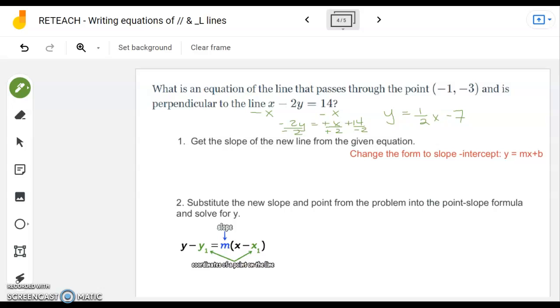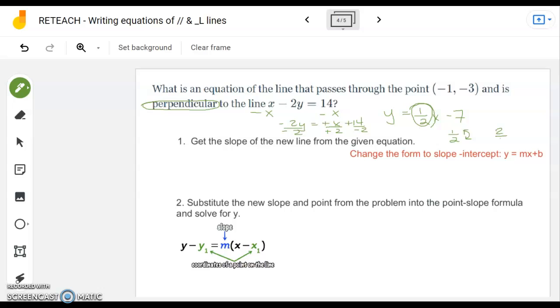Okay, so I need the slope. I'm going to need to go back and look at my keyword, because is it parallel or perpendicular? Oh, so now we have a perpendicular line. So now that my slope is 1/2, my perpendicular slope is going to be the negative reciprocal of 1/2, which means I'm going to flip the numerator and denominator.